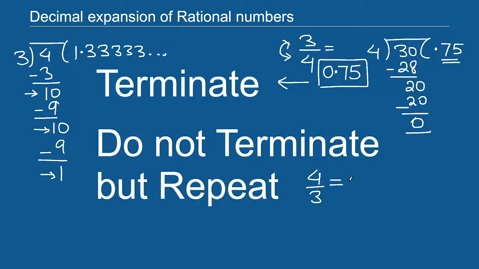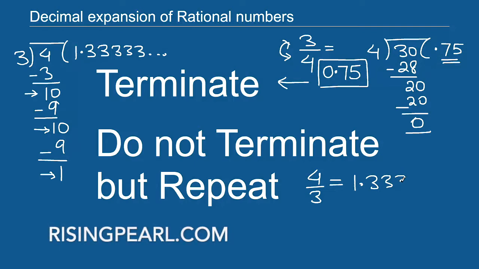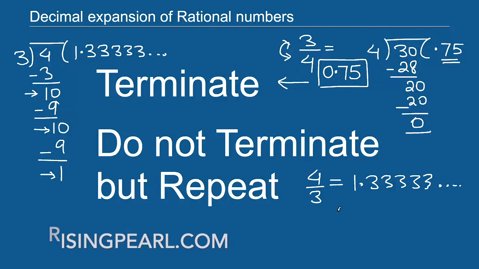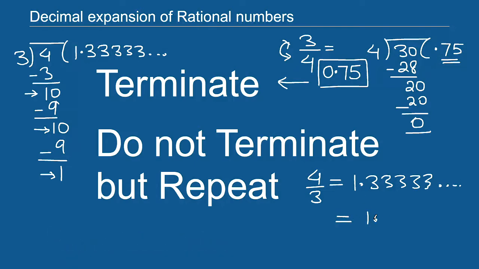In other words, this decimal expansion will look like 1.333333, and so on. Or we can write this as 1.3 with a bar above it, since it is the number 3 which is continuously repeating.